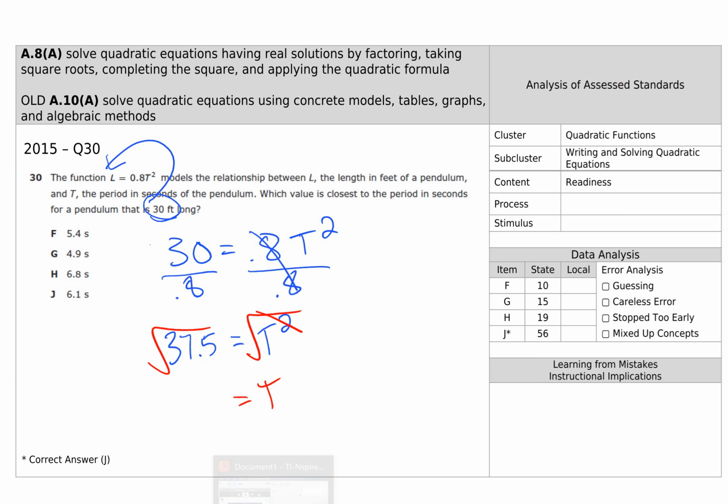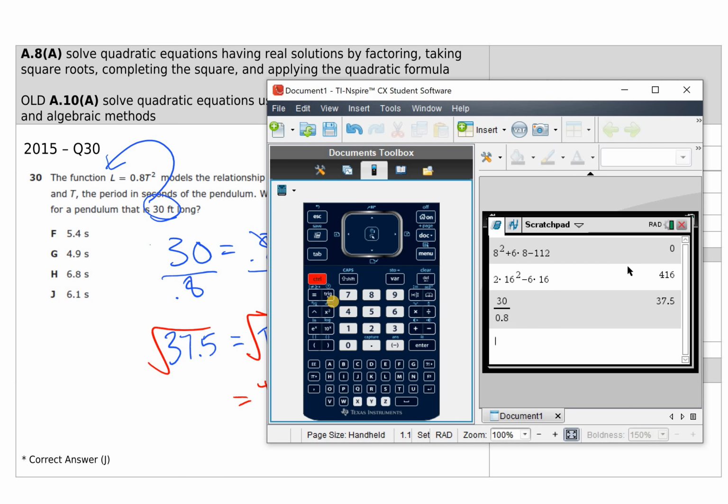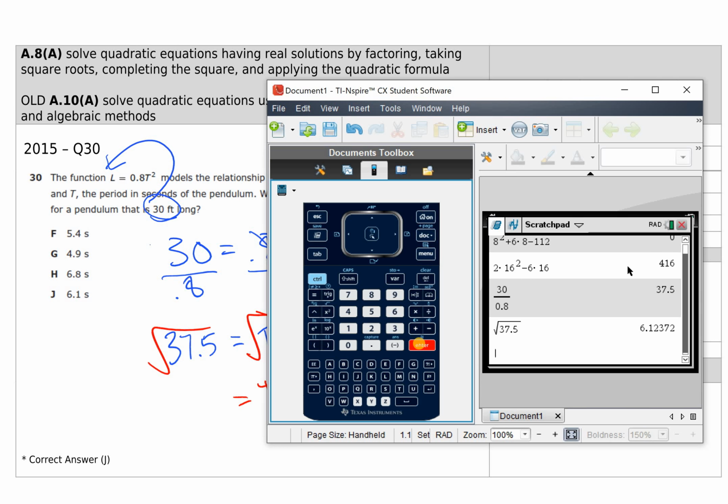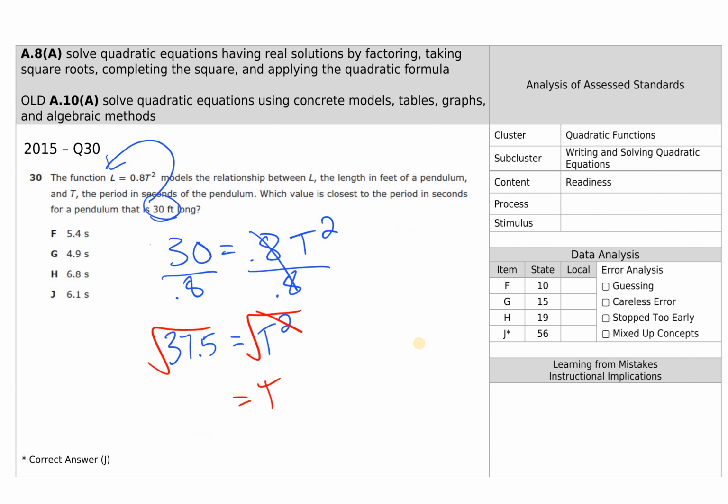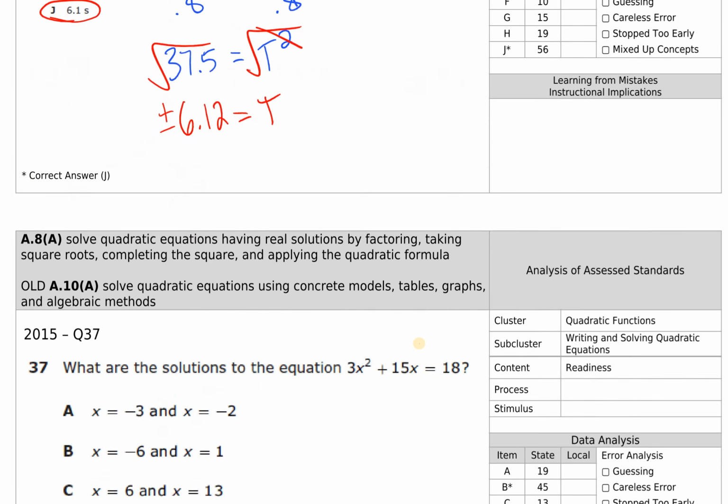T is equal to the square root of 37.5, which is 6.12, positive or negative. Since we're talking about lengths and time, it does not make sense to have a negative, so it would just be the positive 6.1, J.